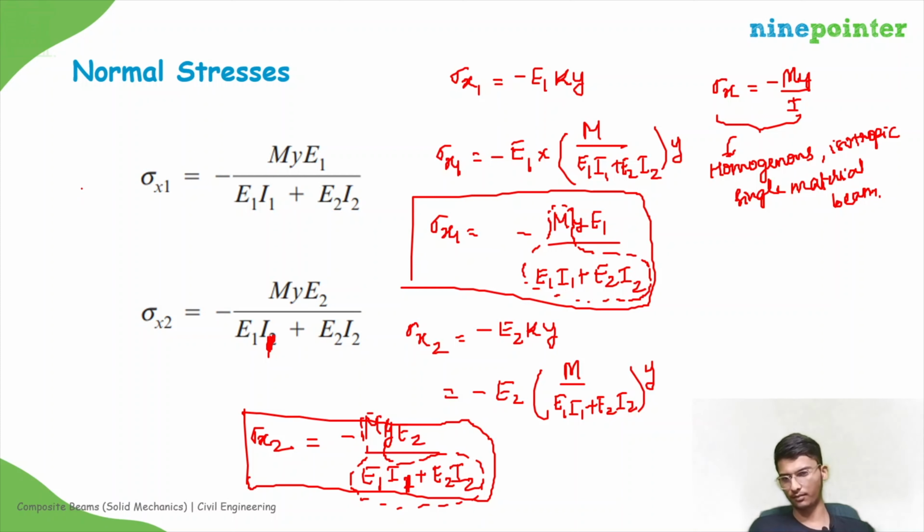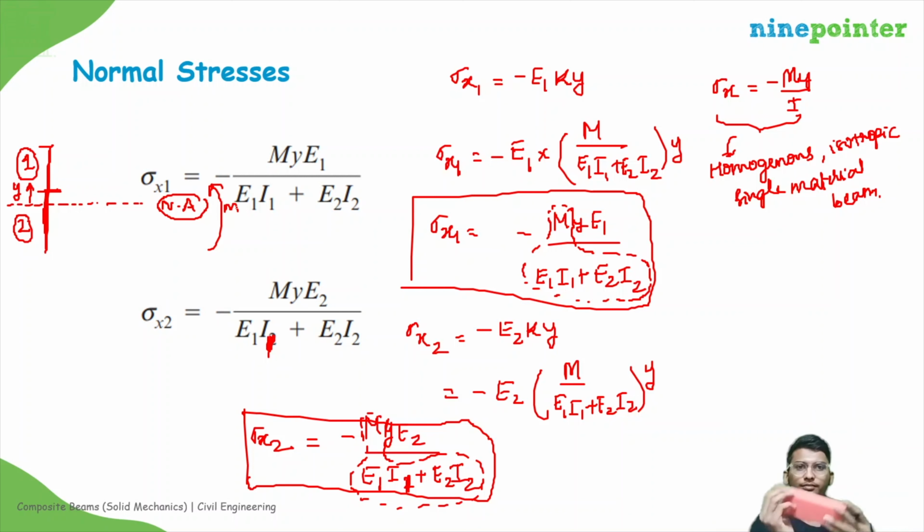So if you draw the diagram, suppose this is the front view of the cross section, and from here there is material 1, and from here there is material 2, and we found out this is the neutral axis, suppose. So from here, if the moment applied is something like this, then the upper part will be in compression and the bottom part will be in tension, right?